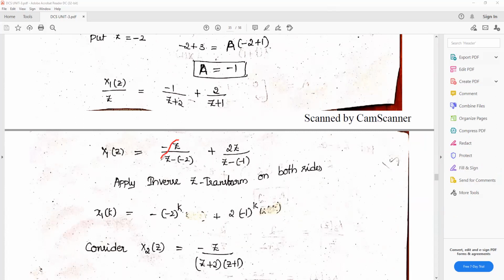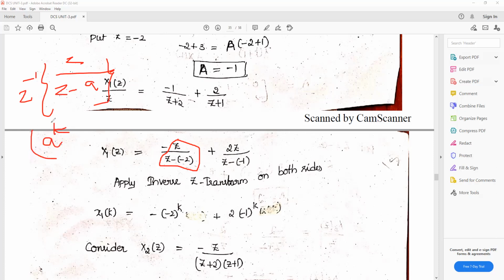In applying the inverse z transform, the z inverse of z by z minus a is a power k.